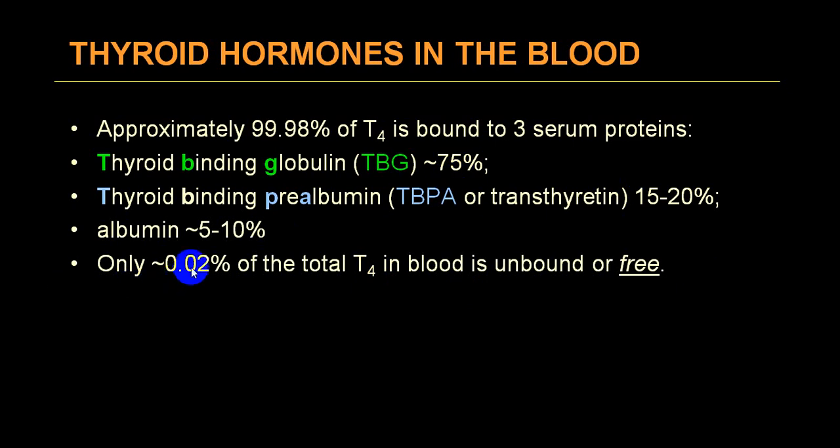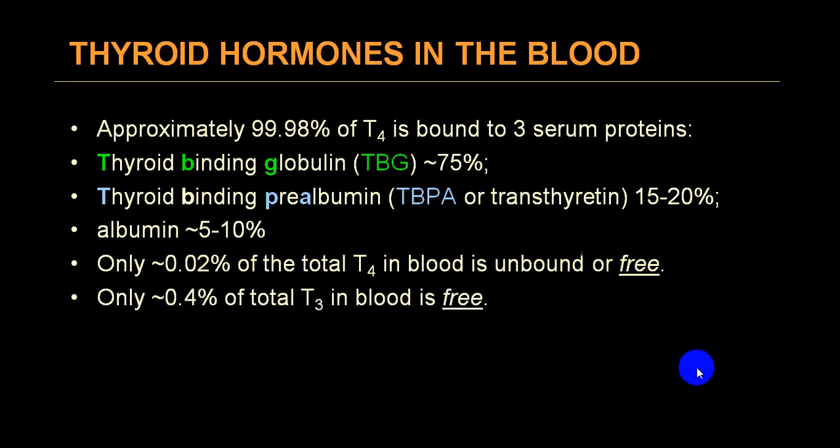Only 0.02% of total T4 is unbound or free, which is active, and that will be converted into T3. Only 0.4%, roughly 0.5% of total T3 is free, which is active.